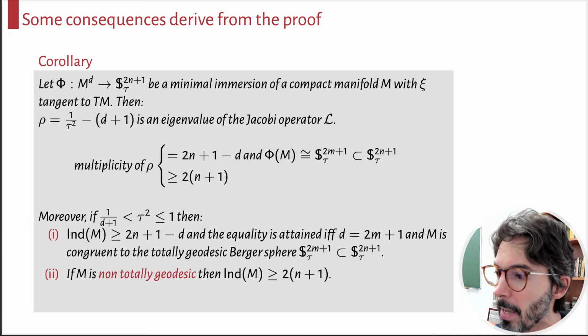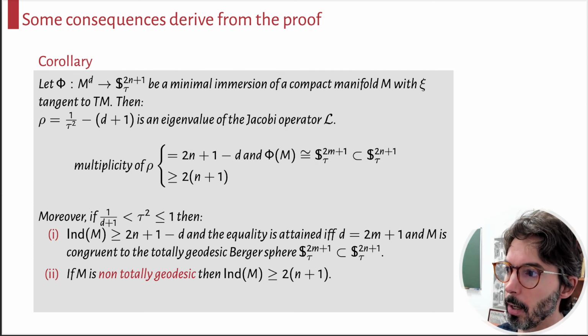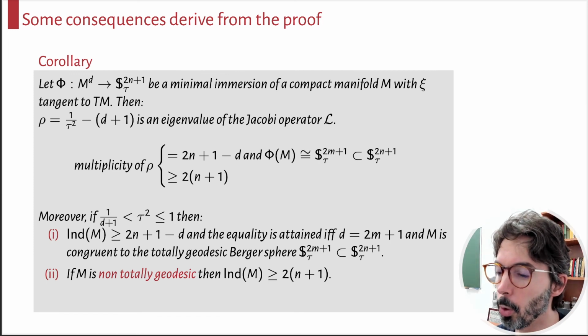And if M is not totally geodesic, the index of the submanifold jumps to twice m plus 1.